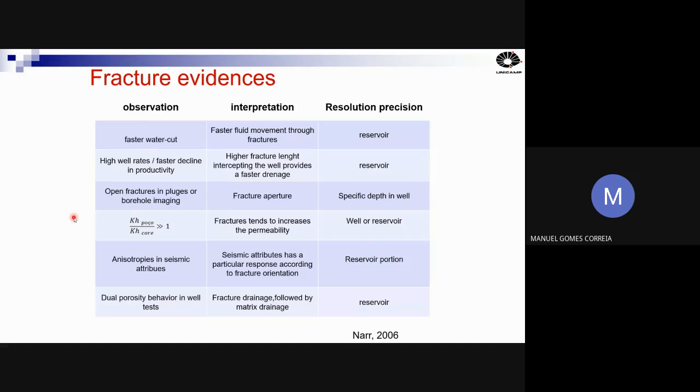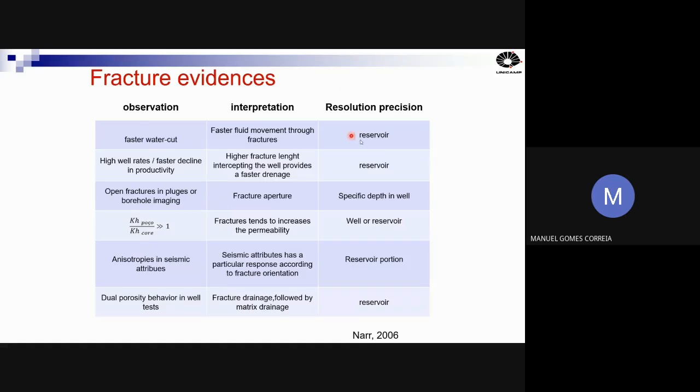We can see open fractures in plugs or borehole images. We have anisotropies in seismic attributes, and we have a dual porosity behavior in well tests. This table also shows the interpretation of why these observations occur.